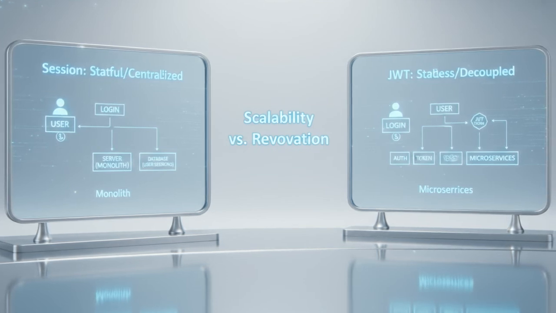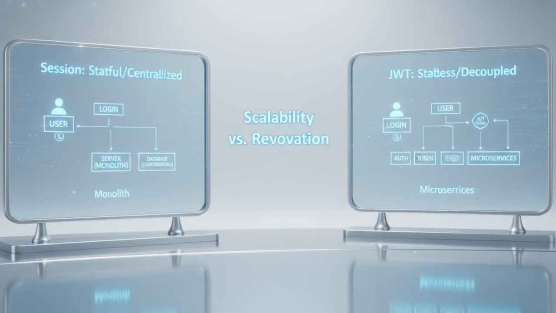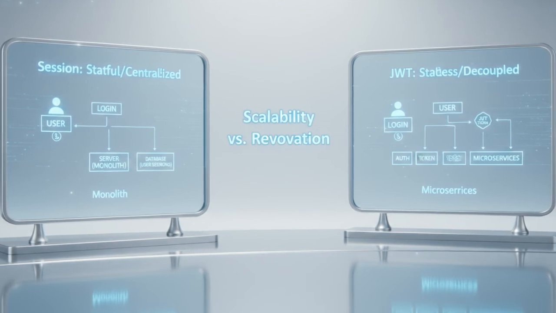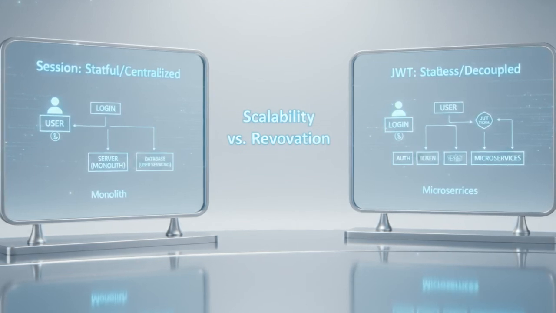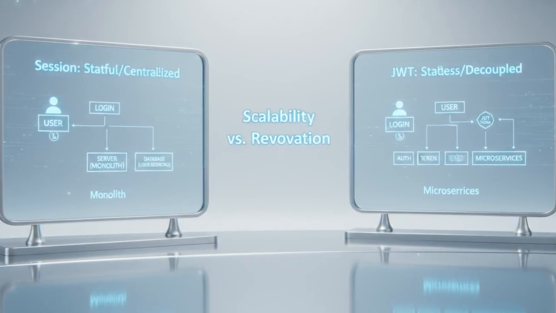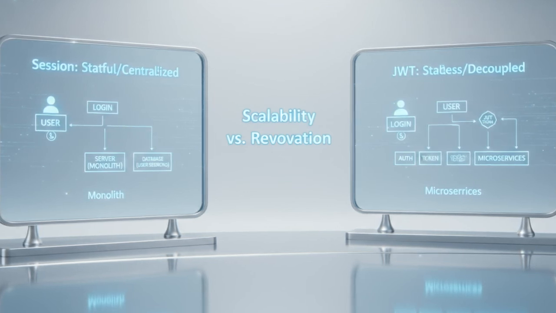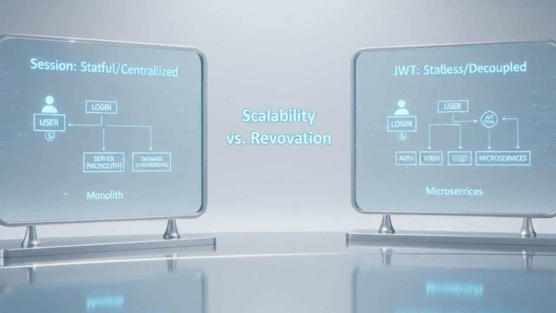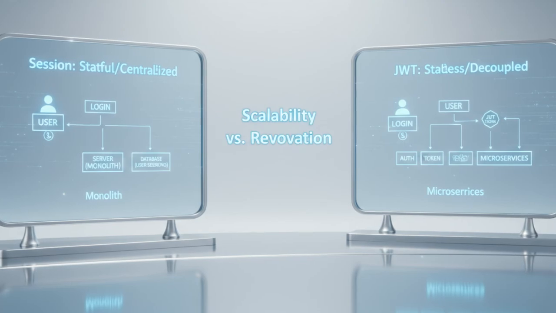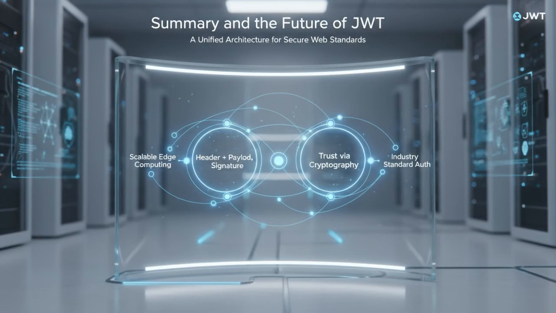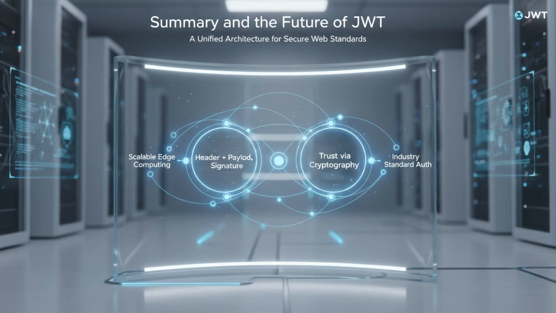In the JWT model, the token is the source of truth. JWTs enable easier decoupling between the authentication server and the resource servers. If your system involves multiple services written in different languages or hosted on different platforms, JWT is almost always the superior choice for interoperability.